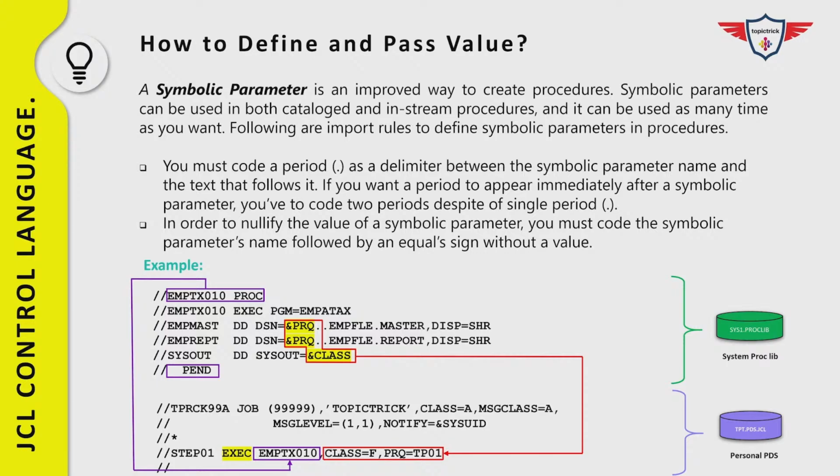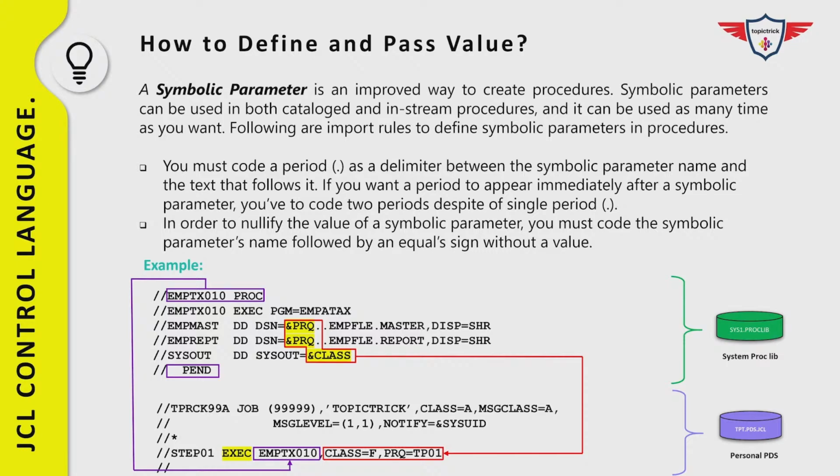The beauty of symbolic parameters is that you can write your procedure in a more generic way, and it will help you use those procedures in multiple jobs by only changing the values of symbolic parameters. For example, let's say you have a proc and a job running in production, and you want to test that job in your test environment.